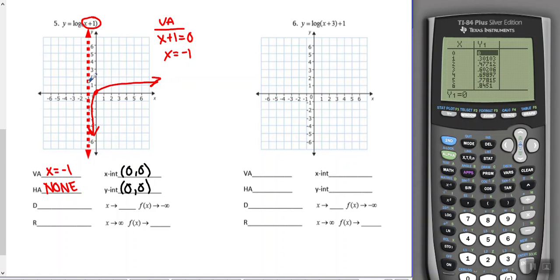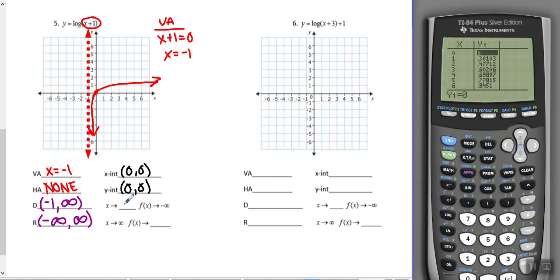Well, it can only go to -1 because that's where my asymptote is. So my domain is from -1, comma, it's going to keep going to positive infinity to the right. Range, how far down can this graph go? Well, the arrow means it can keep going down forever. So we're going to say from -infinity, comma, all the way up to positive infinity.